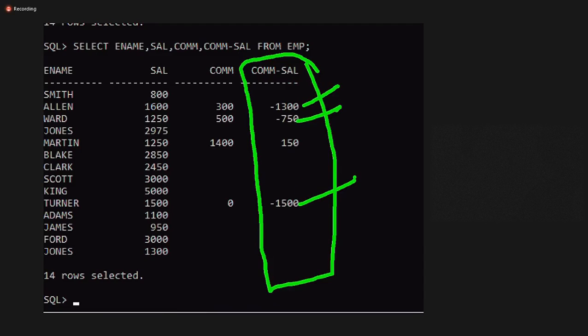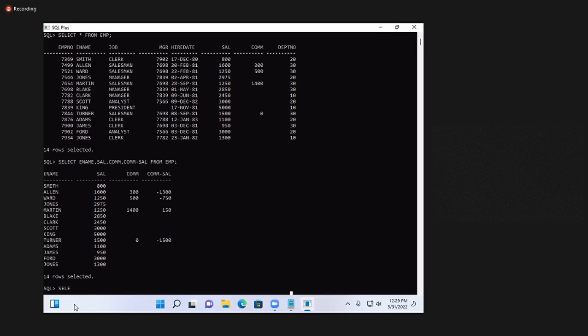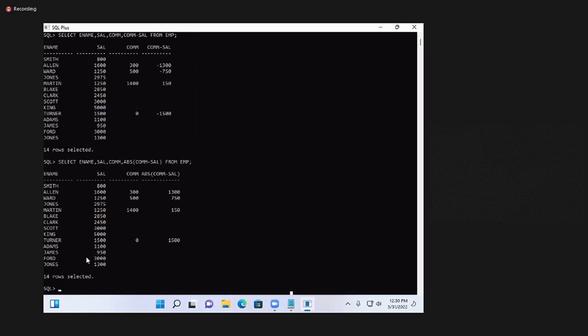Yes or no? Those negative values, if I want to convert into the positive side, how do you write it here? My query will be like this: select ename, sal, commission, ABS of commission minus salary from the EMP table. Now you can see everything is the same.